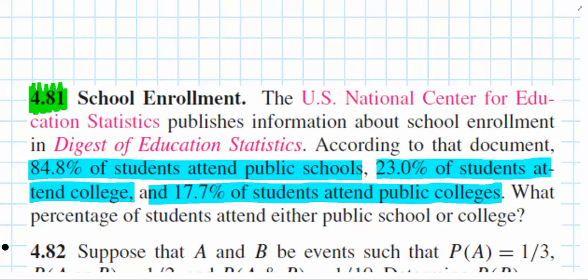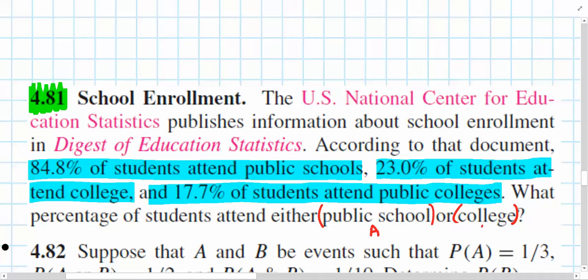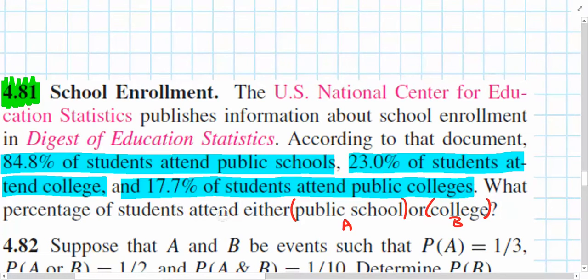So if we carefully label our events here, we can probably use the general addition rule to answer this final question. So let's go ahead and just say that a student that attends a public school could be event A, and the student that attends college is event B. Now, if that's the case, this question, what percentage of students attend either a public school or college, is asking us to find the probability of event A or event B occurring.